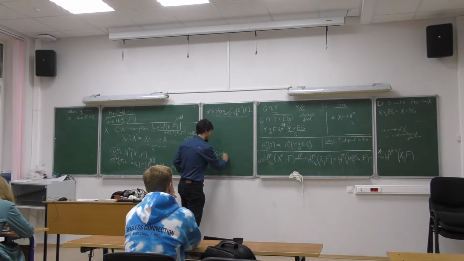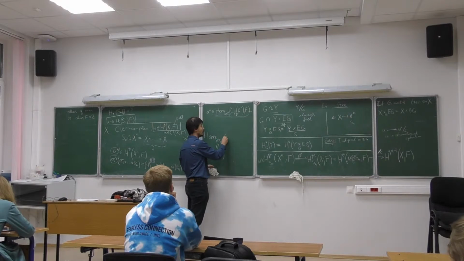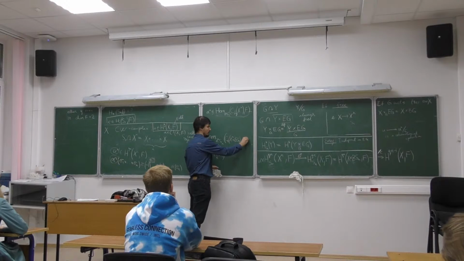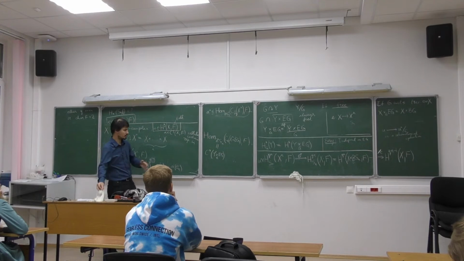So this is the same as Hom over ZSN. Or, I do not have enough place here. This is the same as Hom ZSN from C star of xn times Eg to F. This is completely the same.